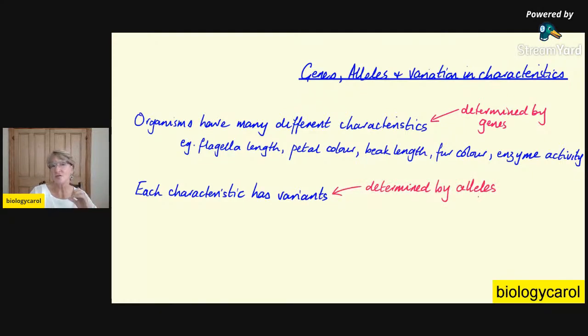Alleles are different forms of genes, and they come about as a result of mutations. And mutations are changes in the DNA base sequence, giving rise to proteins that might be different if mutation has happened, or might not be. Now, if the protein is different, it might be advantageous.